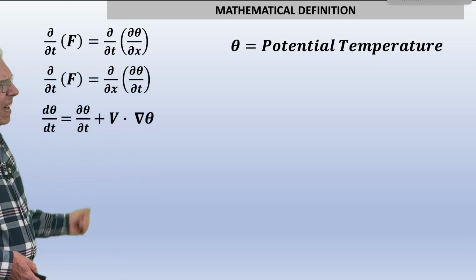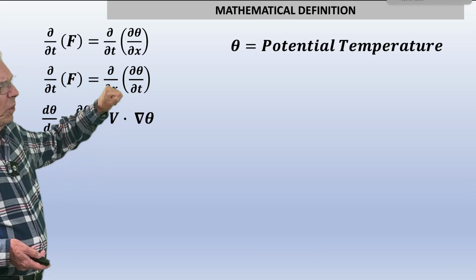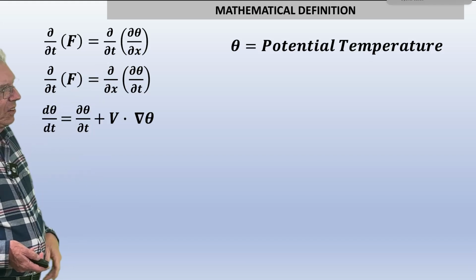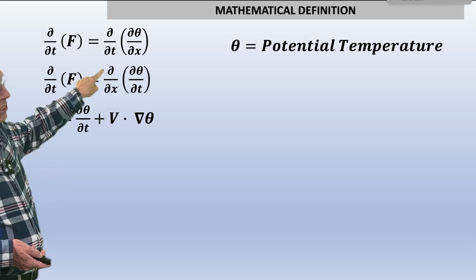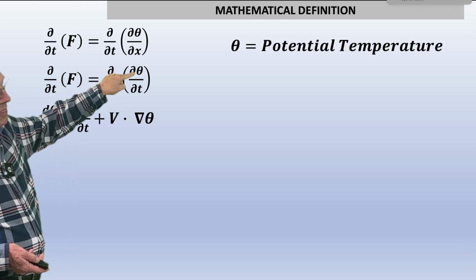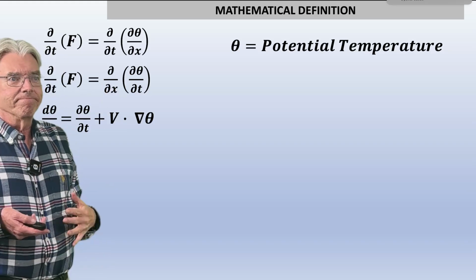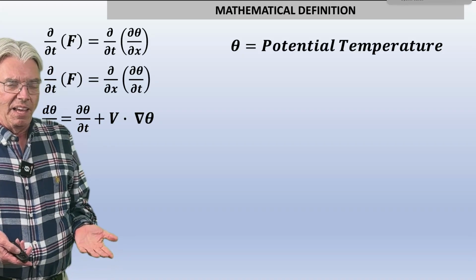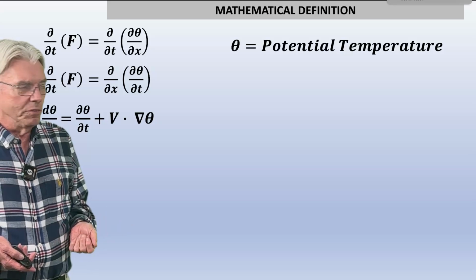Now, there's a little bit of trickery in math where you can swap these variables in the denominator, okay? So now it's the partial derivative with respect to x of the partial derivative of temperature with respect to time. So let's say that somebody at point A has a temperature in the morning of 30, and then the sun comes up and 3 or 4 hours later, it's up to 50.